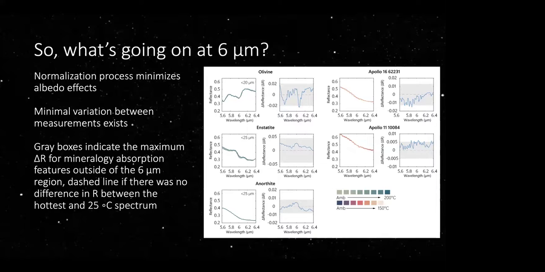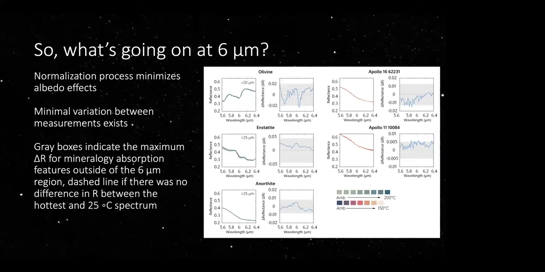And for each of these, I don't know if you can see my cursor, but we have our spectra of the zoomed in region at 6 microns, and then we have our change in reflectance. The gray black box here indicates what the maximum variation is that we saw for mineralogy related features outside the 3 and 6 micron region. So things that shouldn't be changing, what that variation is.